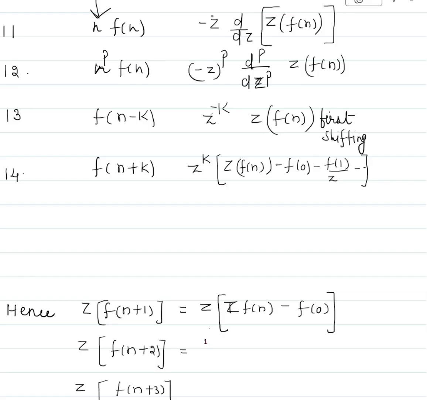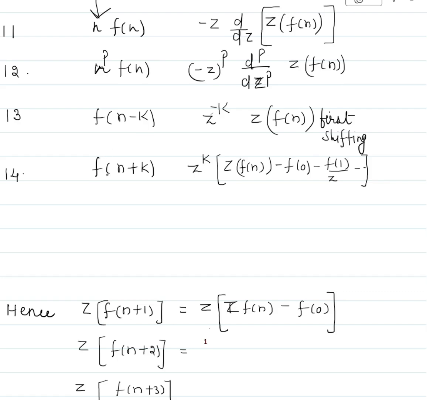Here we wrote minus z to the power 1 because the power was 1, but here the power is p, so write minus z to the power p, d to the p upon dz to the p, meaning you differentiate p times with respect to z the z transform of f of n. That means to find the z transform of n to the power p f of n, you first find the z transform of the function, differentiate it p times with respect to z, and multiply by minus z to the power p to get the result.